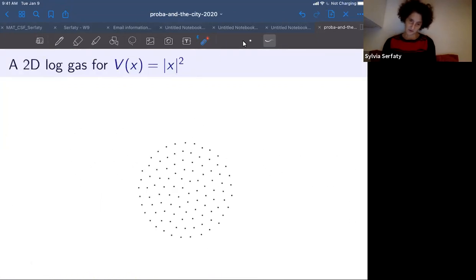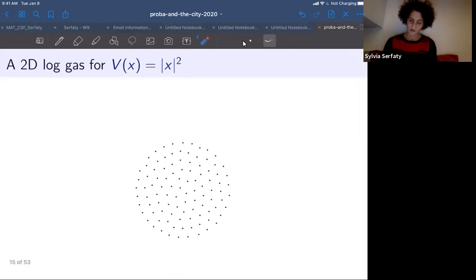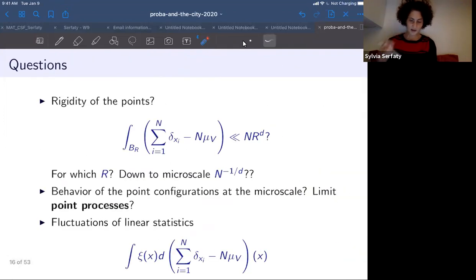This one maybe is a bit convincing, so there is some sort of crystallization happening at very low temperature. Okay, so this is the type of phenomena we want to understand.